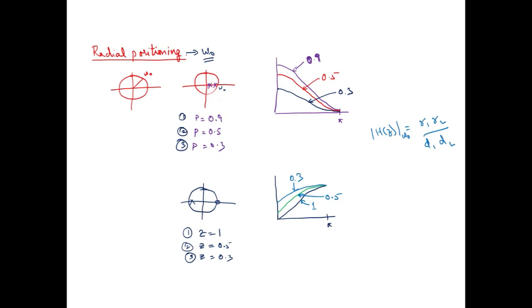The same was with the zeros also. Now here we want to look into the effect of radial positioning of the poles and zeros onto the filter response. Why radial? The name radial comes from radius.